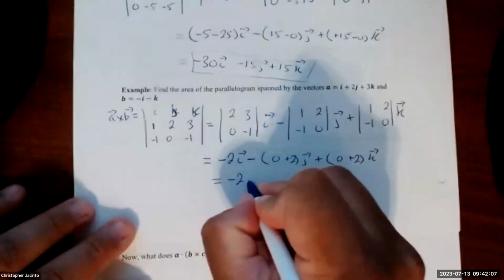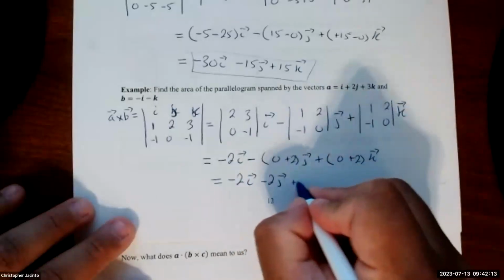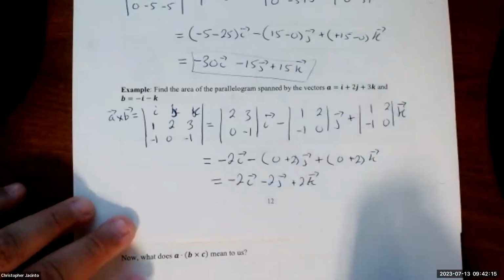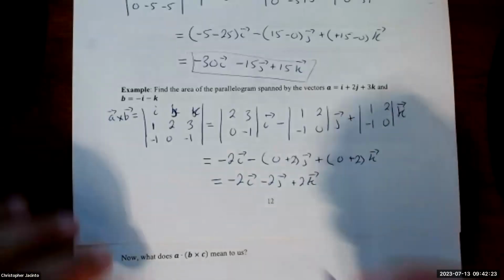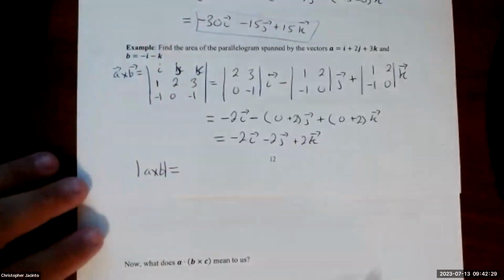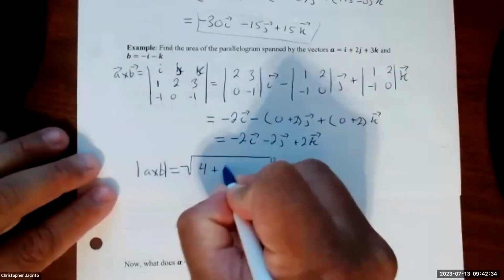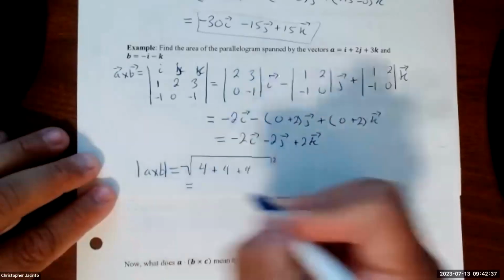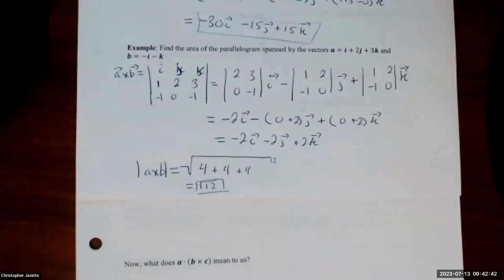So our vector is -2I minus 2J plus 2K. Okay. So that's our cross product. And then we want to find the length, because the length would give us the parallelogram area itself. So that's going to equal the square root of 4 plus 4 plus 4, which is the square root of 12. And there is our area of our parallelogram.